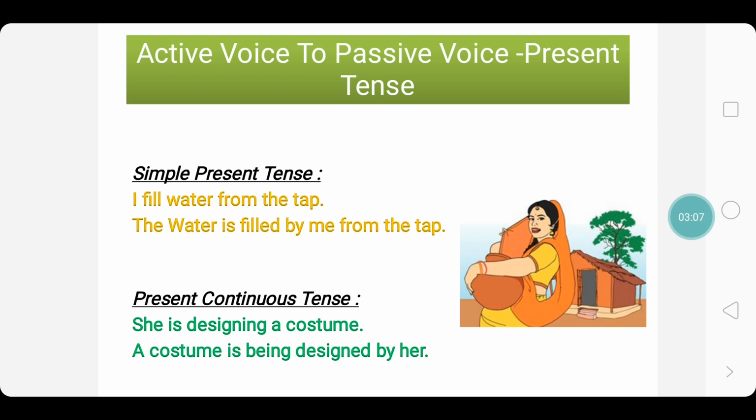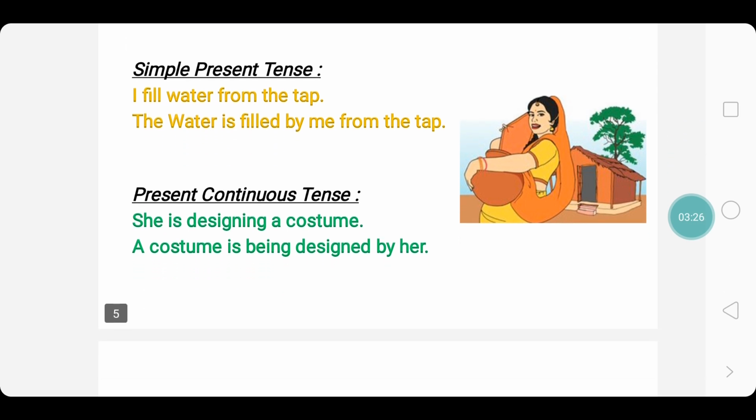Next, the present continuous tense. She is designing a costume. This sentence gets converted as a costume is being designed by her. Now look children, being denotes the continuous tense.